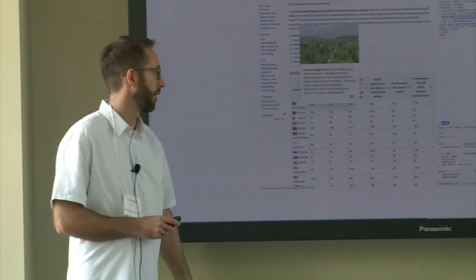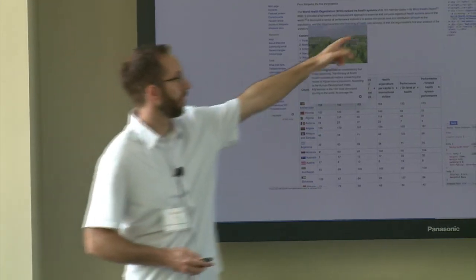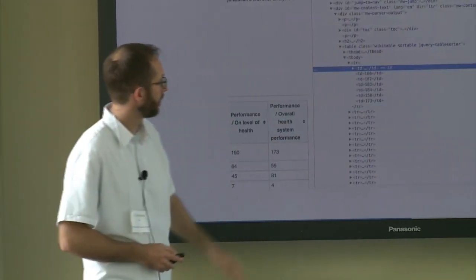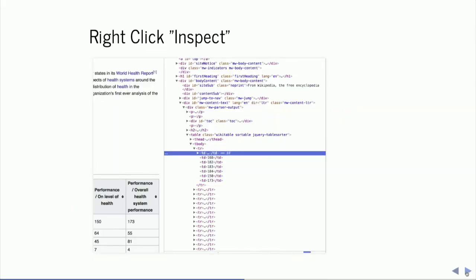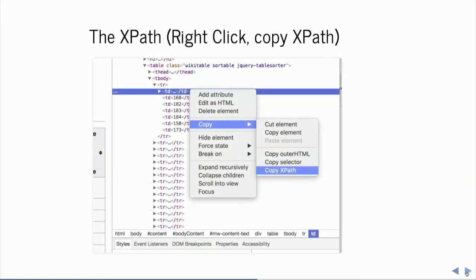And we can then come over to that part and discover exactly where in our HTML tree our data live. And if we find that part, we can then right-click again, and we can find something called the XPath, which is essentially a set of instructions that is going to allow us to parse our HTML. It's going to tell us exactly where our data live.